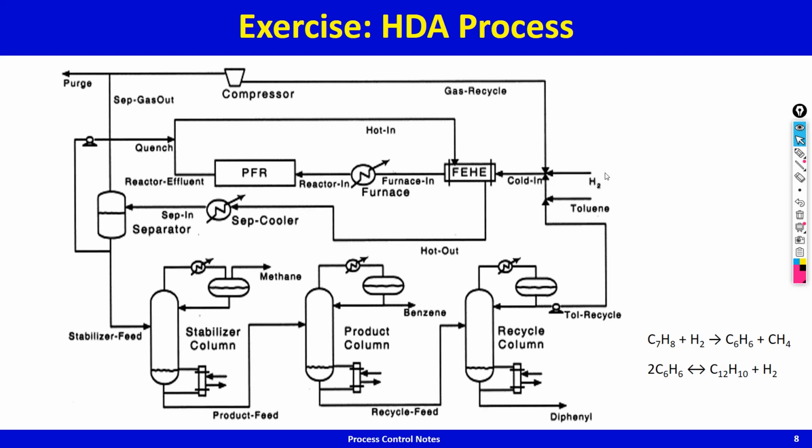To minimize the fresh hydrogen that you use, you have this gas recycle loop. That reduces the amount of hydrogen that you need to buy. And in refineries, hydrogen is precious. Everybody needs hydrogen. Hydrogen is always in short supply. Okay. So that's the gas recycle loop, and there is a purge which allows a way out for the methane that gets formed in the reaction. Some hydrogen, of course, also leaks out.